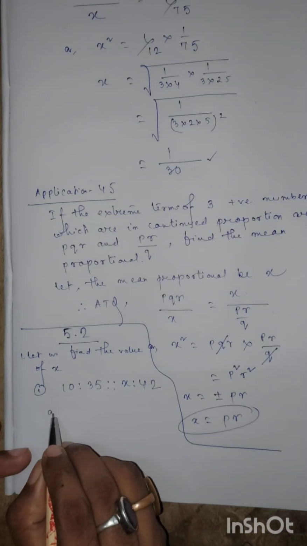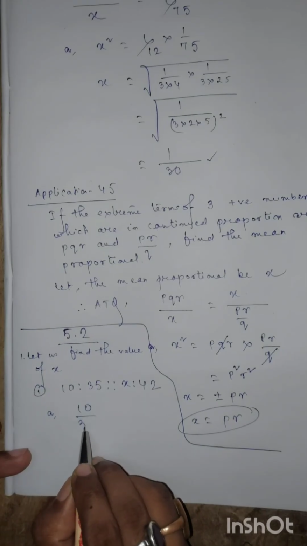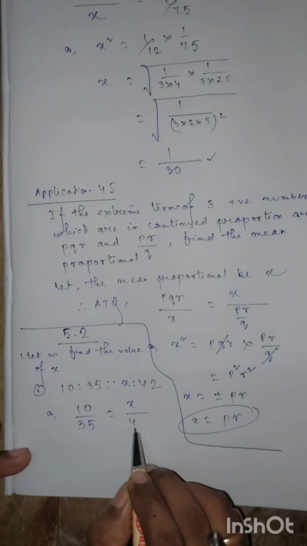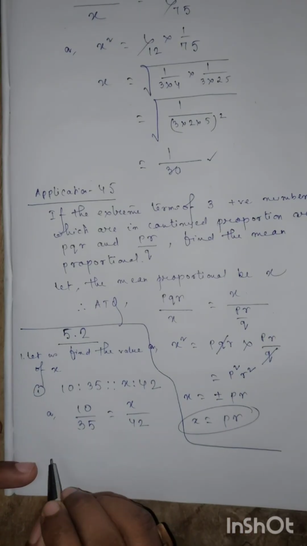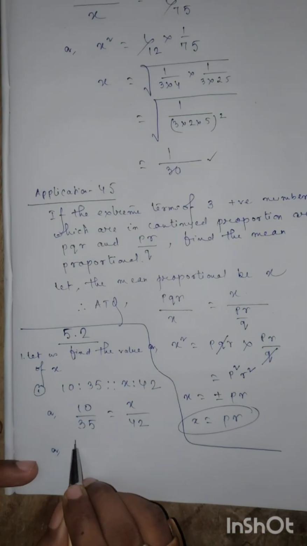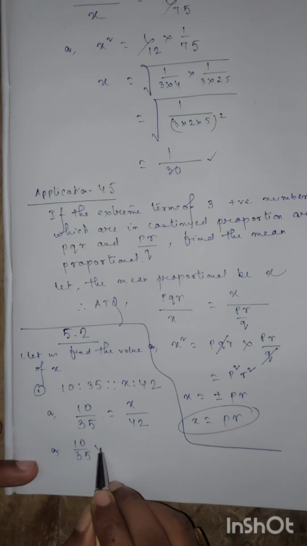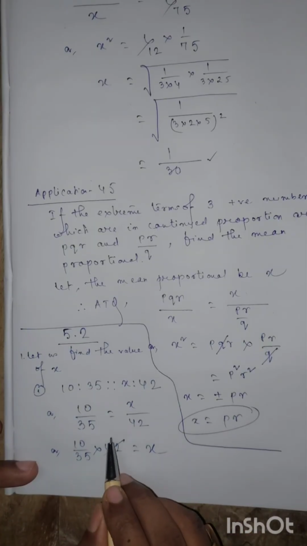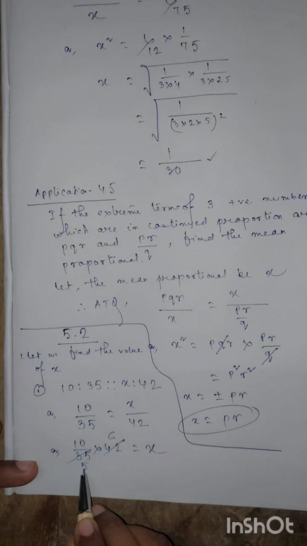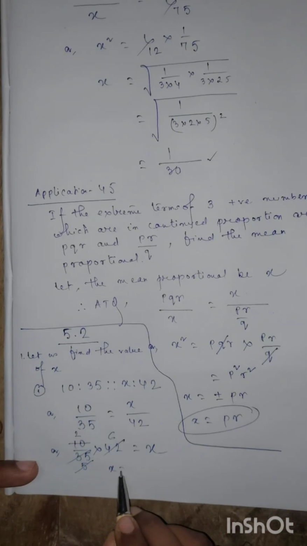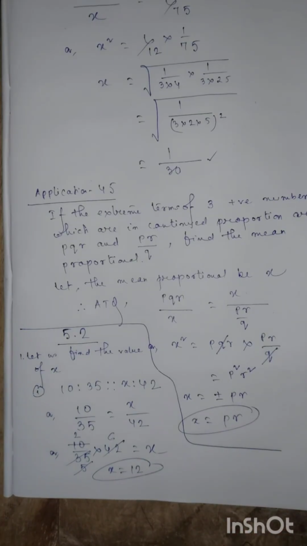So we can write it, or if we transfer 42 to the left side, we are getting x is equal to 12.